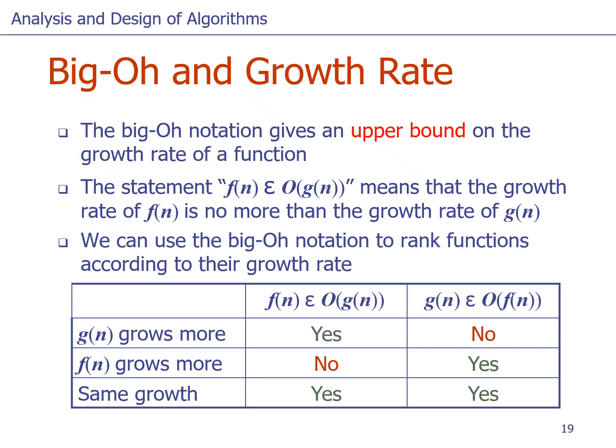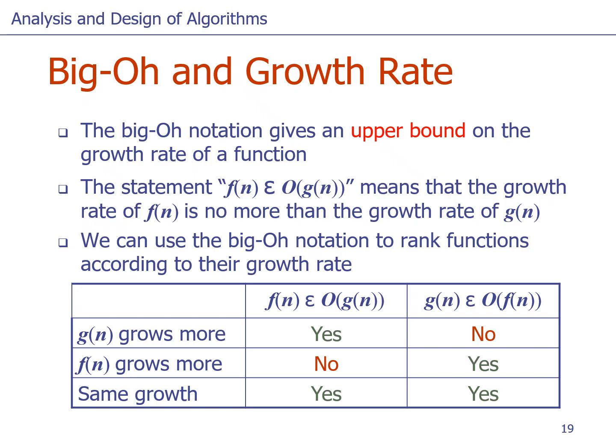If g of n grows more, then f of n is in O of g of n. Okay, g of n is not in O of f of n. If I say, talking about the first row in the table, that g of n grows more or faster than f of n, then f of n cannot be an upper bound to g of n. Okay? The reverse is true. g of n, since it grows faster, is an upper bound to f of n.